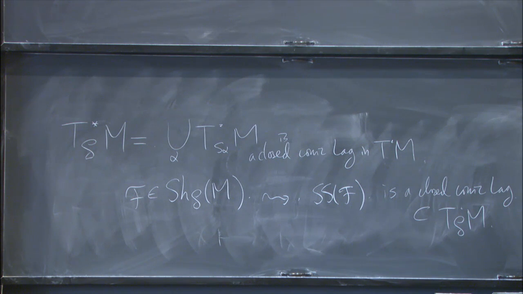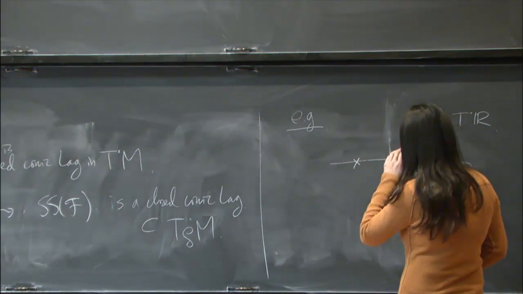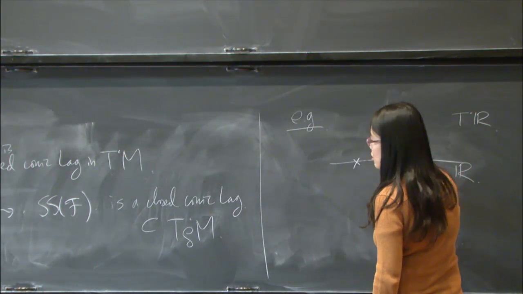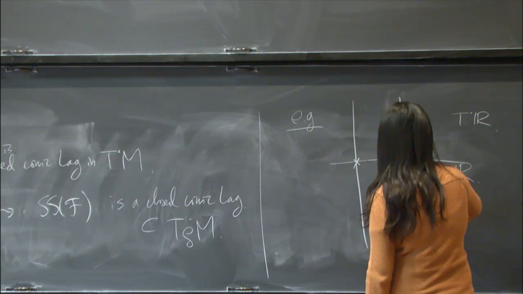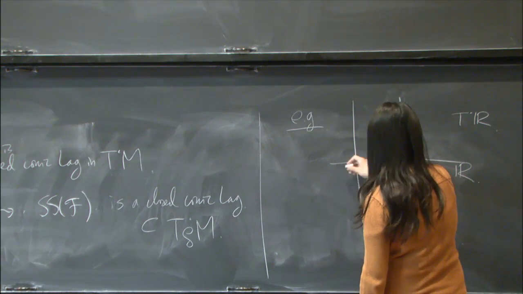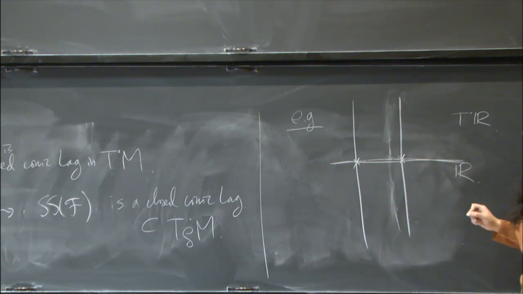So an example, which is the lowest dimension: R is our base, and then we have T star R. For example, I stratify my R by two points, and then their complements. Then the conormal variety to this stratification is just the union of the two vertical lines with the zero section.